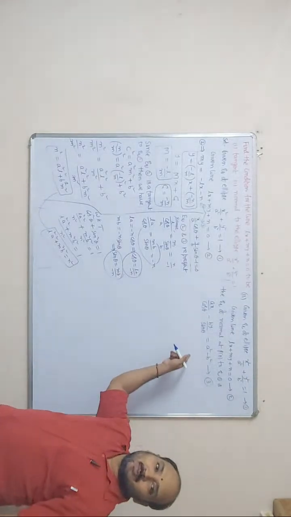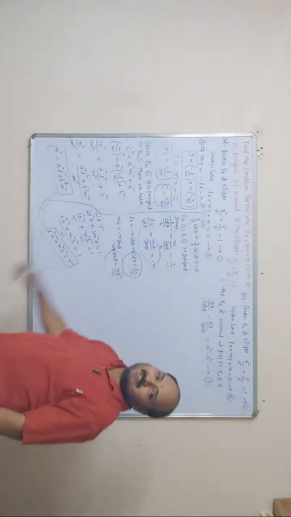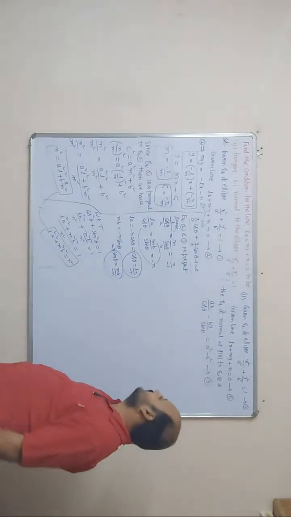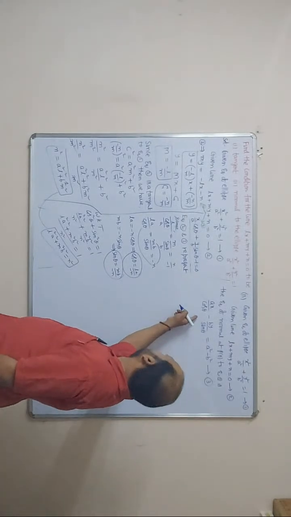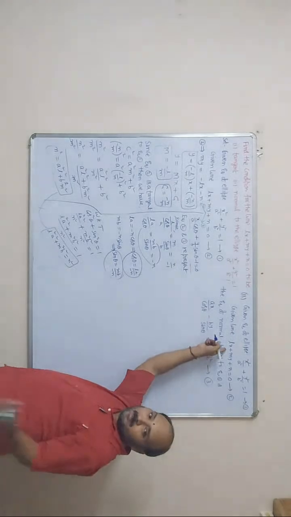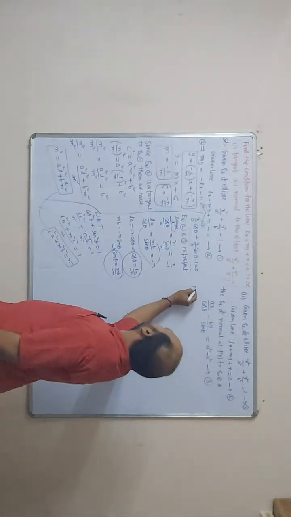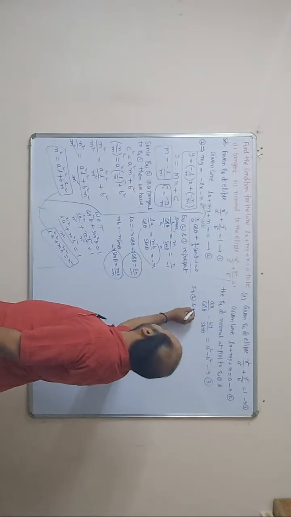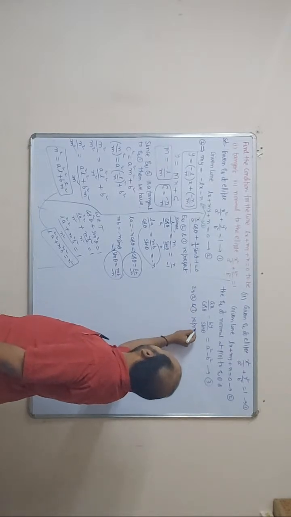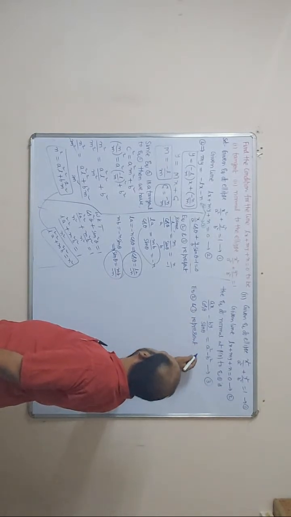This is called the normal equation. Previously I wrote ax by cos theta like this. Sorry, now it is b. This equation and this equation, this is also representing a normal equation. Equation 2 and equation 3 represent the same line.